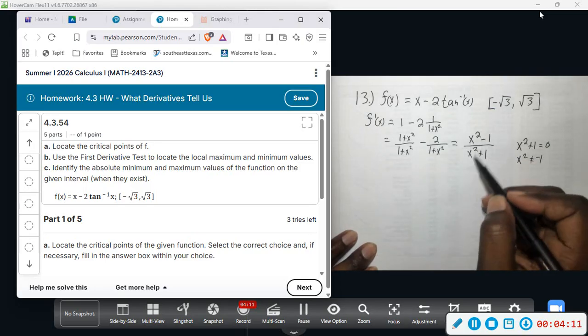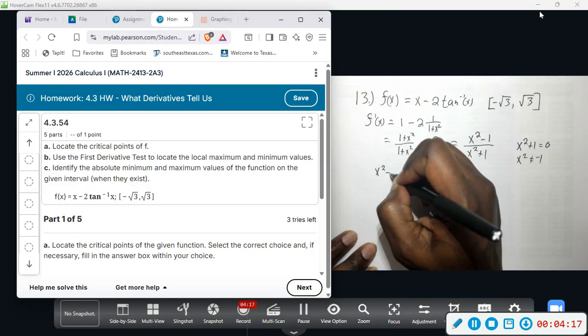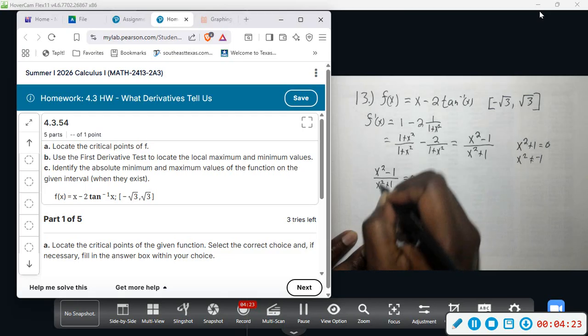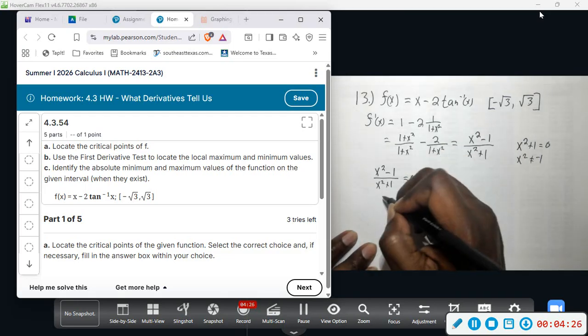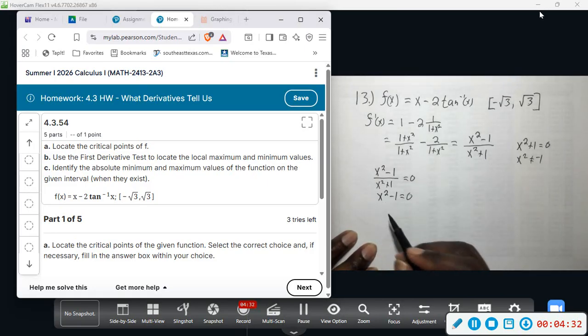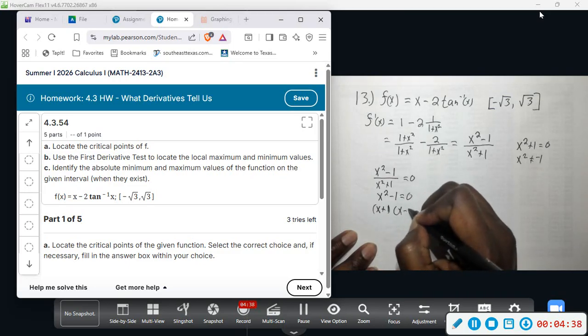Then we set the whole thing equal to 0. You would multiply the denominator, and that will give you x squared minus 1 equals 0. And then we can do a difference of squares here, and that will give us x plus 1, x minus 1.